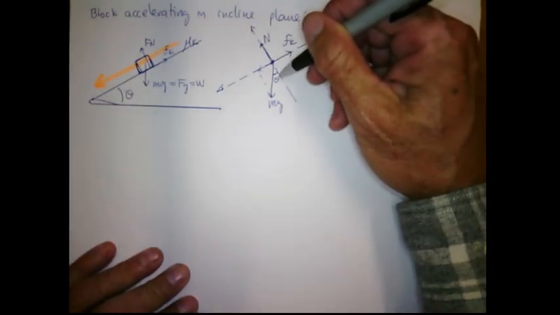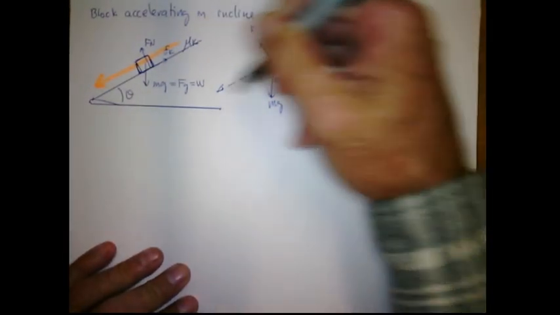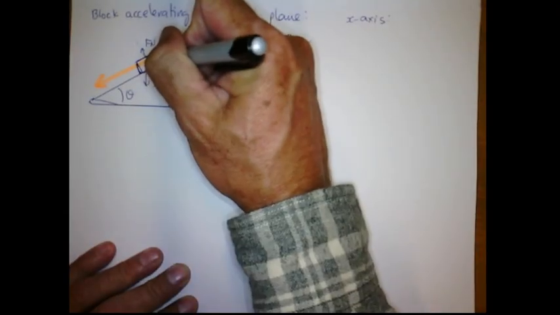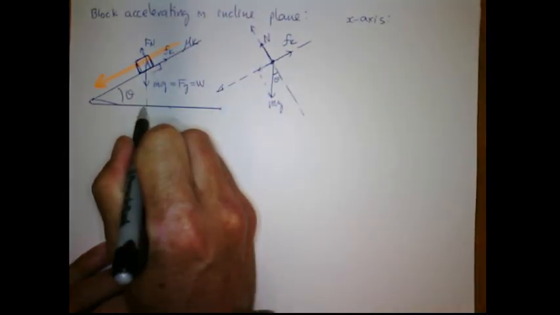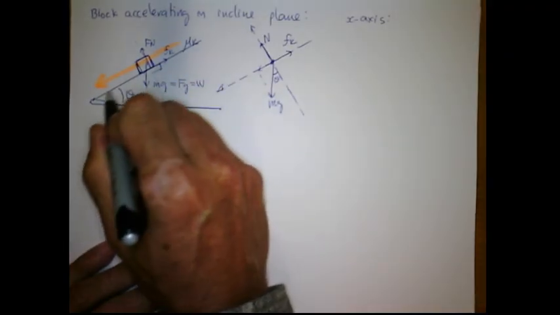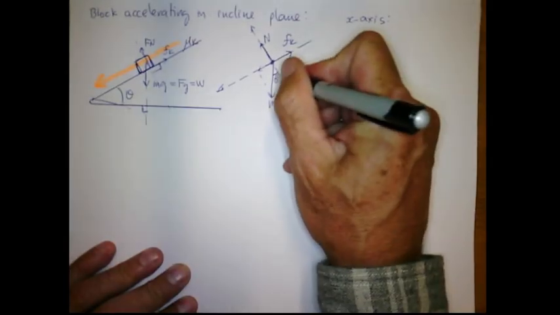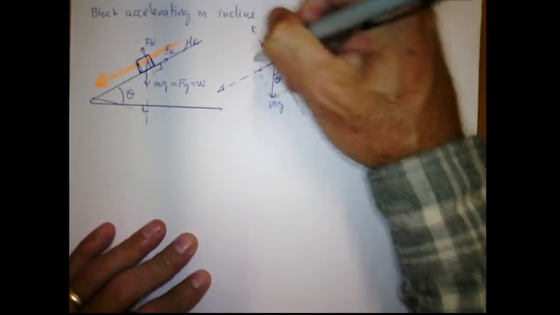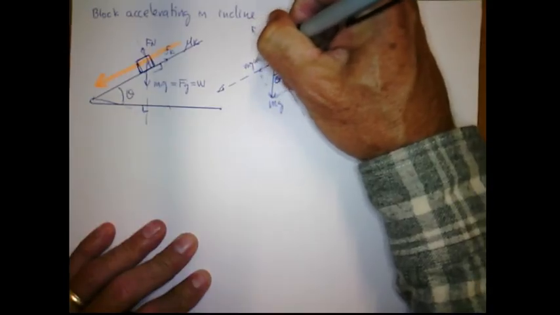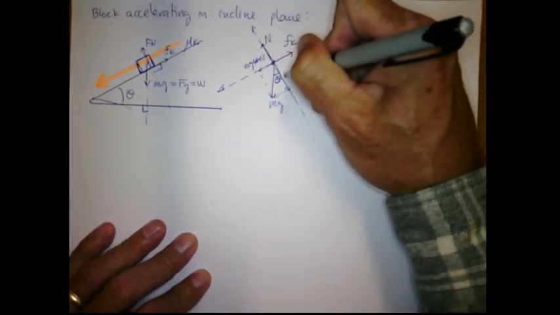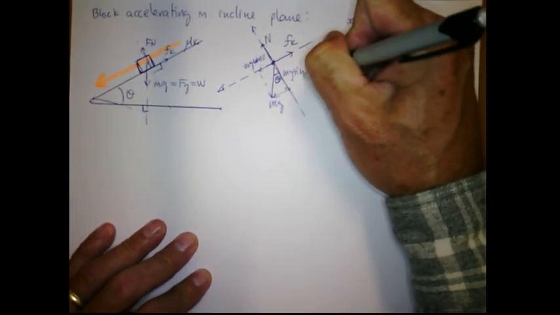This side over here is perpendicular to this side, and this one, straight down, is perpendicular to this side. If two sides are perpendicular to the two sides of an angle, then the two angles are equal. So this side over here is opposite, so this is mg sine of the angle, and this is adjacent, this is mg cosine of the angle.